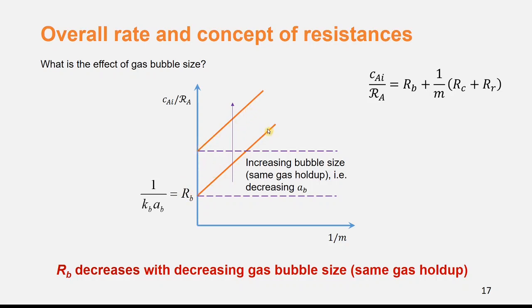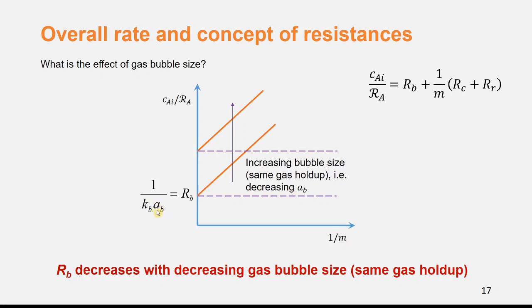We find that increasing the bubble size while maintaining the same gas holdup in the reactor increases the resistance to absorption, Rb. This is because if you increase the bubble size while keeping the total gas holdup the same, the surface area of the bubbles, so that's AB, must decrease.